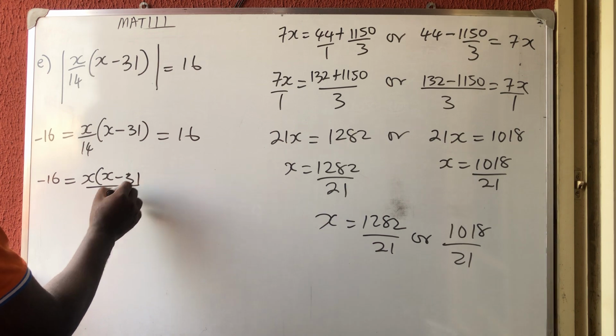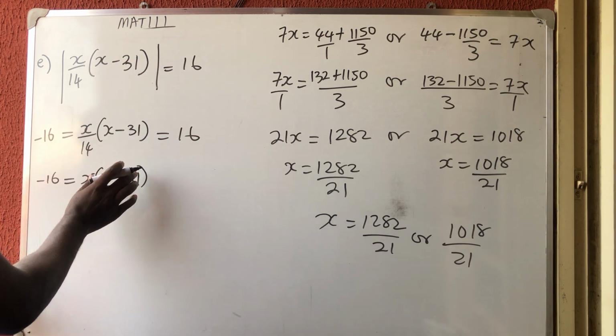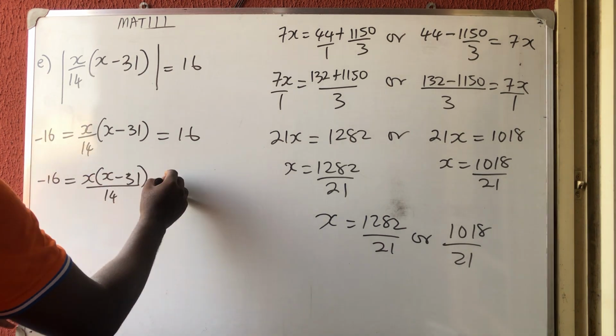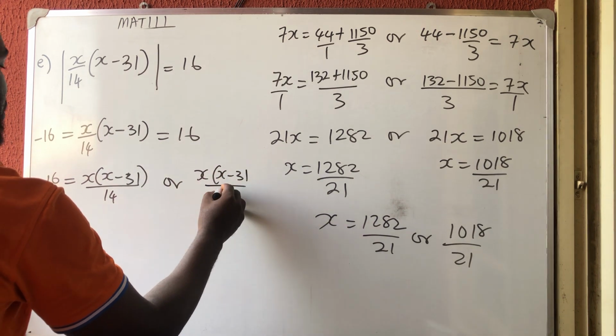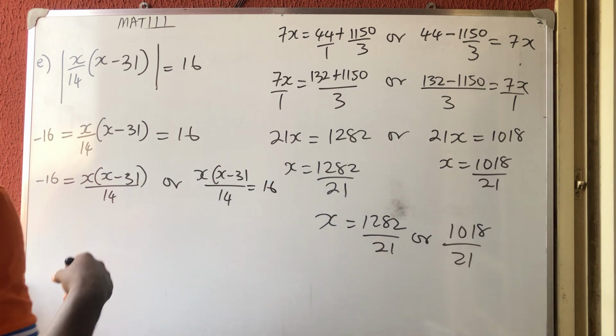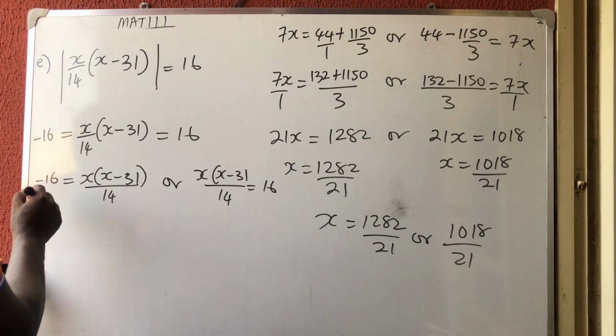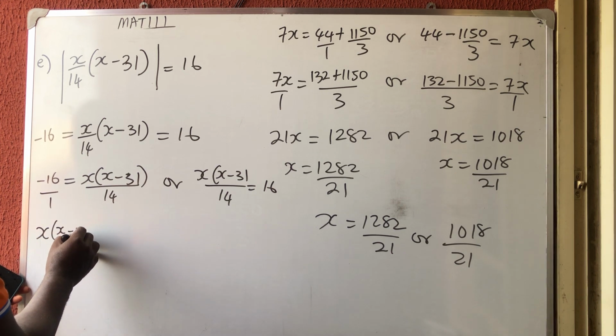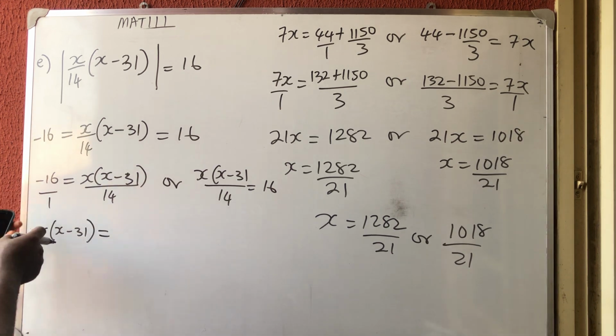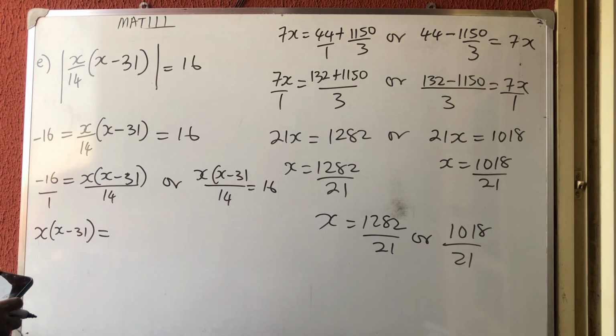Everything over 14 is the same thing, by saying x in bracket of x minus 31 all over 14 is equal to 16. So cross multiply to have this times 1 will give you x into x minus 31 is equal to 16 times 14.